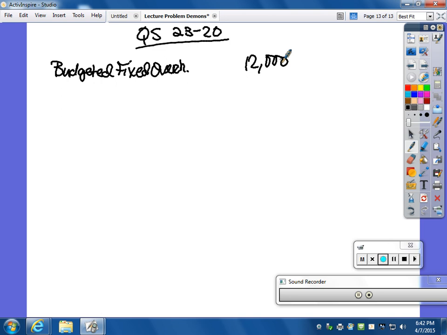And what else do we subtract? Anytime you do budgeted overhead, you must also do what? Applied. So fixed overhead applied was how much? 9,800.